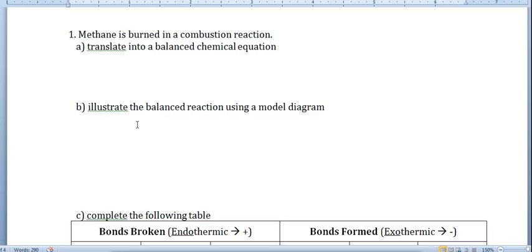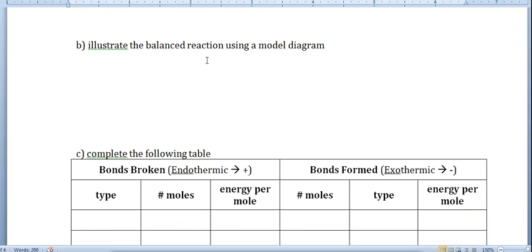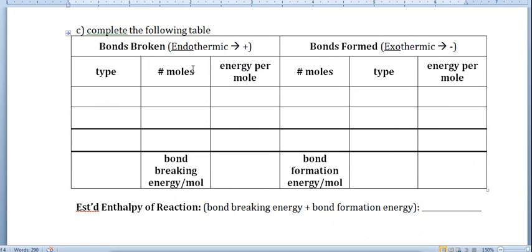Then I'm going to have you illustrate the reaction using symbols, like models, and we've done a little bit of that, but I'll demonstrate that here in a little bit. And then we're going to use this table to guide us through the process of coming up with an estimated enthalpy of reaction, and it's really cool.